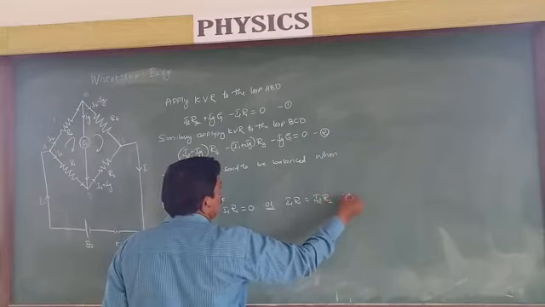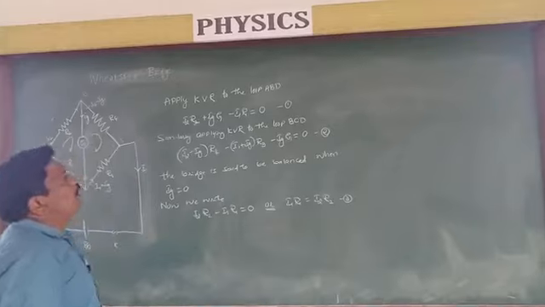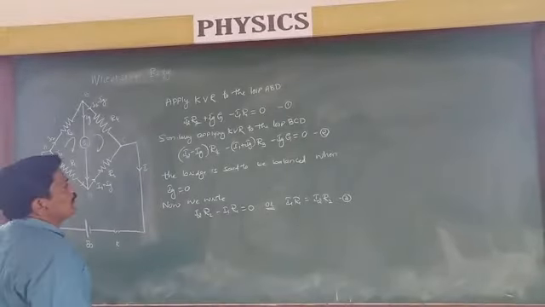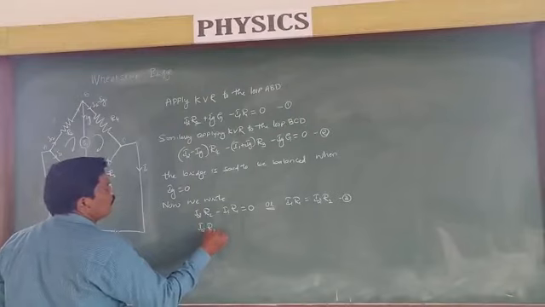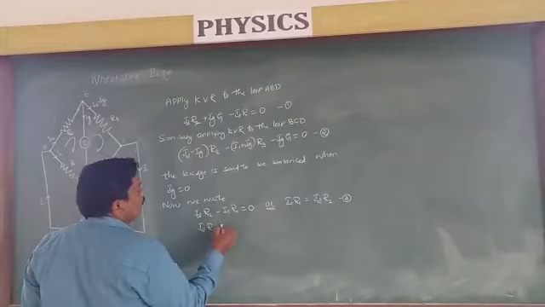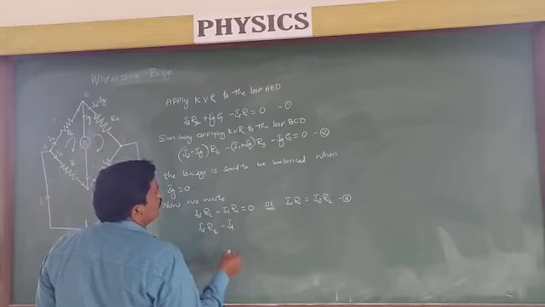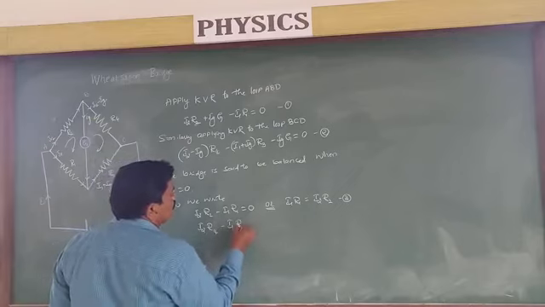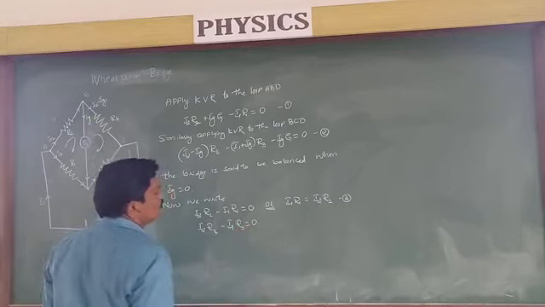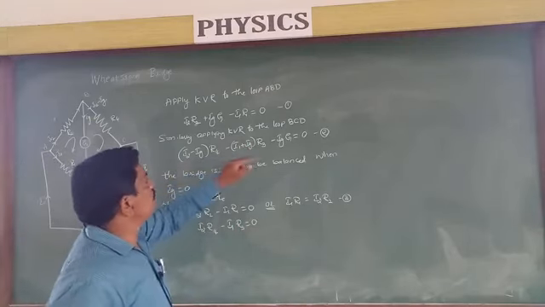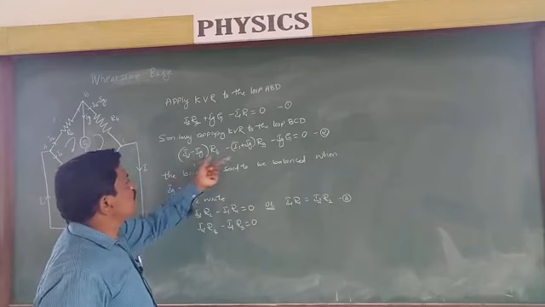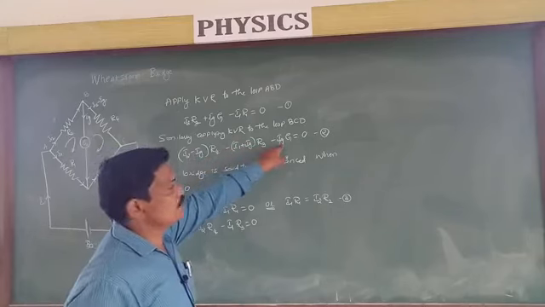I will call this as 3. And this second equation we can write as I2 into R4 minus I1 into R3 equal to 0, because Ig is equal to 0. Okay, when Ig is equal to 0, this becomes I2 only, this becomes I1 only, and this becomes 0.